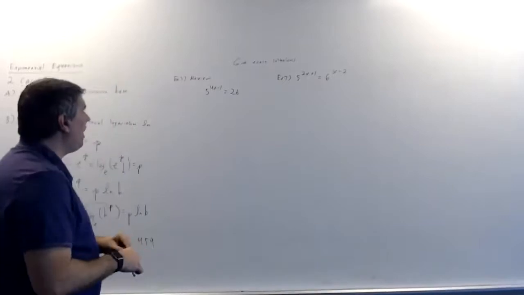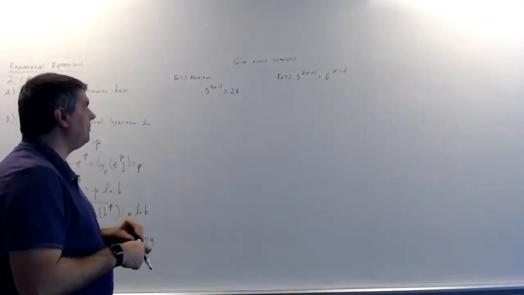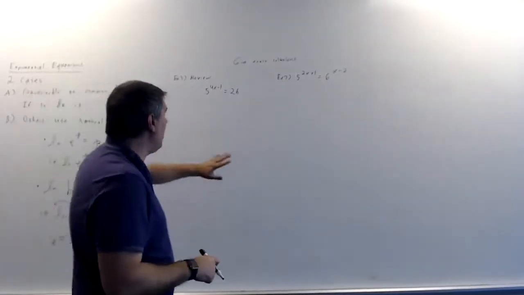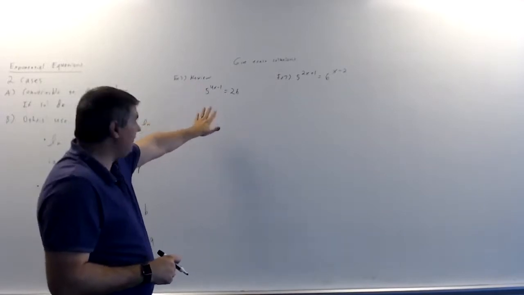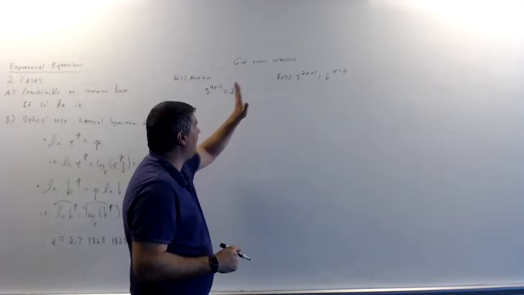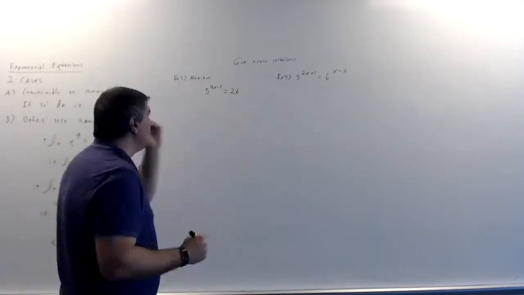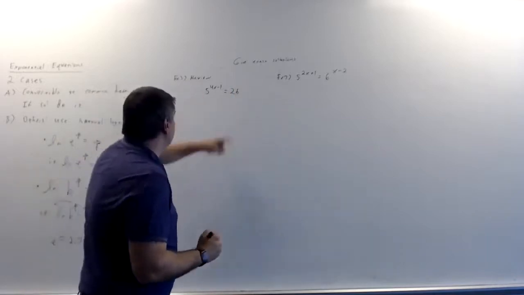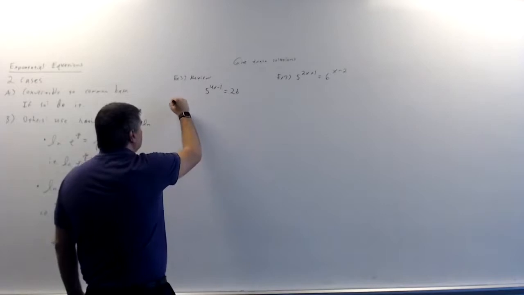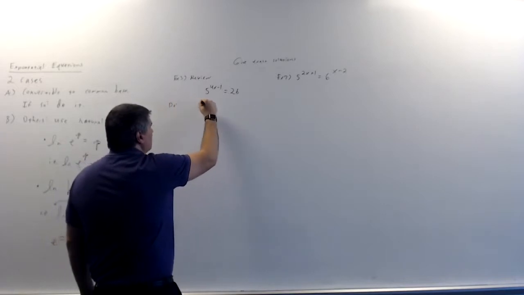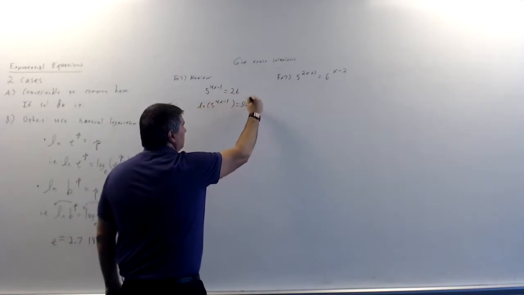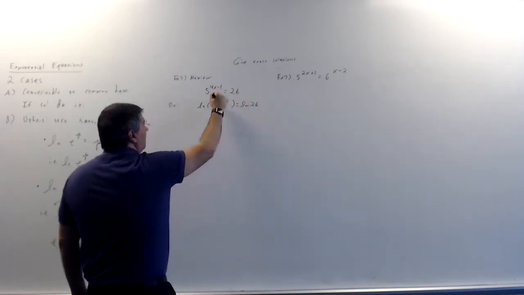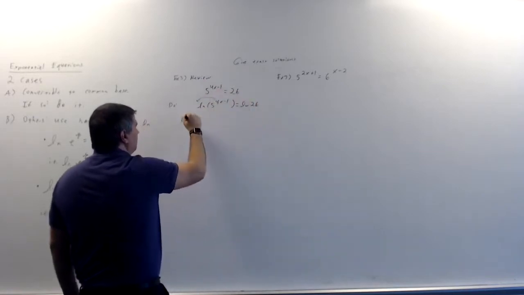Okay, before I go on to the more advanced problem of example 7, I'd like to review example 3 again. That way we can compare what we did in example 3 with what we're going to do over here. So 5 and 26 are not convertible to a common base, so I did the natural log of both sides. That allowed me to take the exponent to the front.